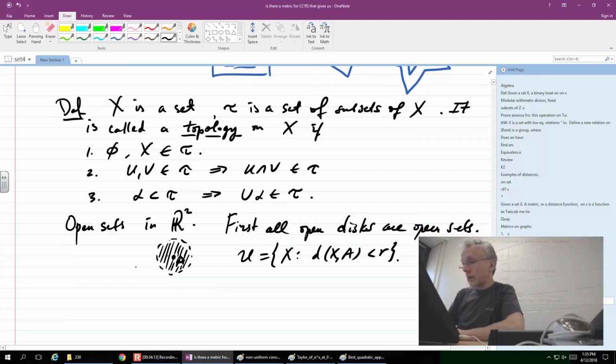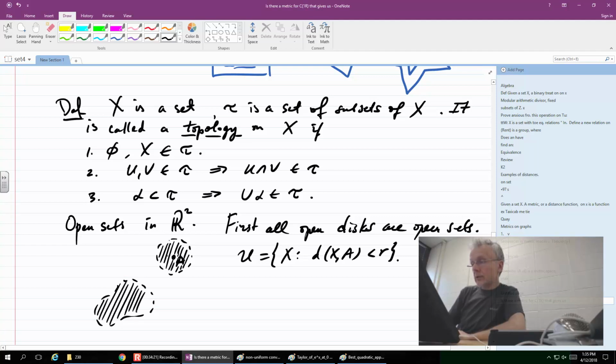What makes it open? Why is this some shape which is not round anymore, but as long as that boundary is not included, then we have an open set. So what makes it open?